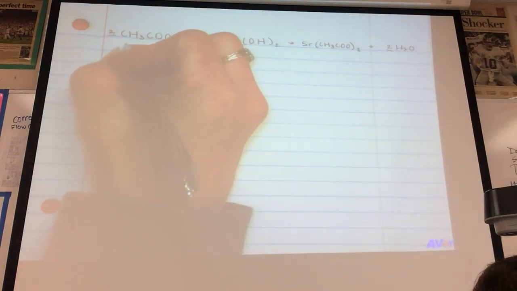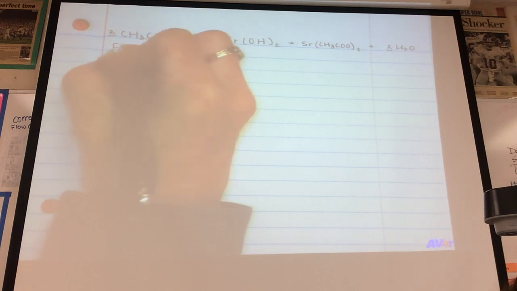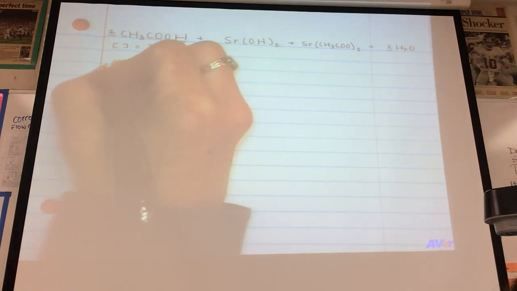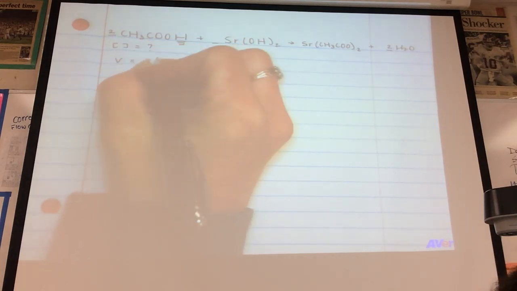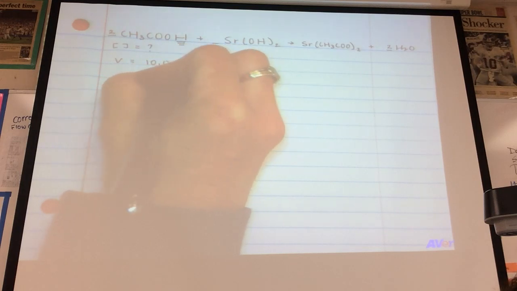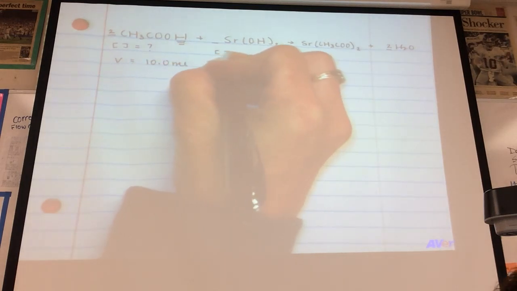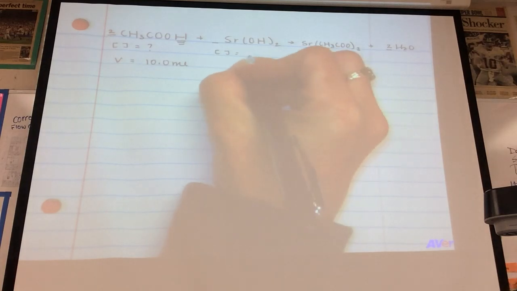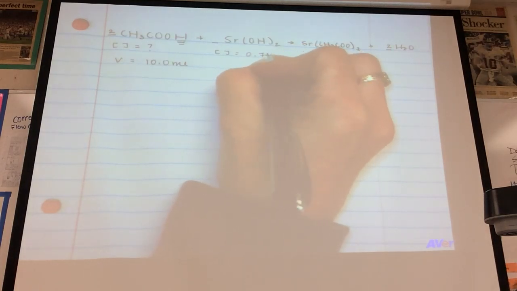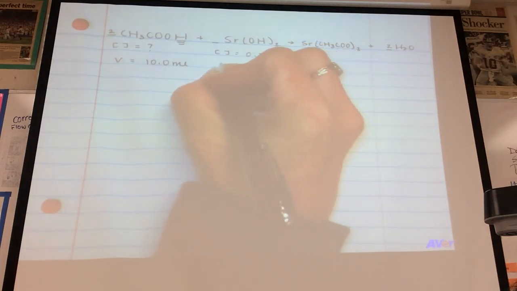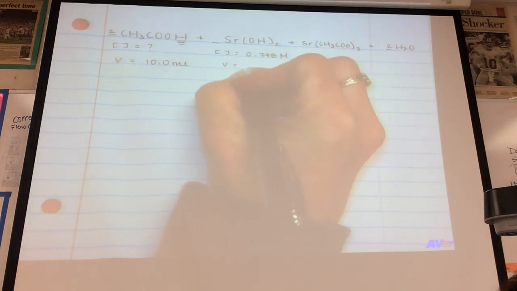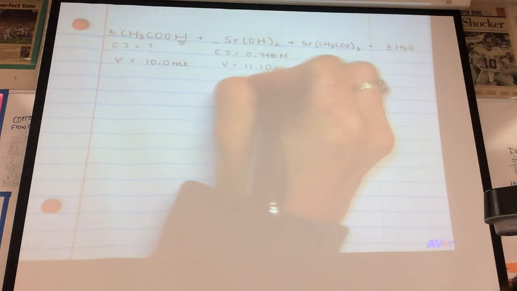We want to know the concentration of the acetic acid. The volume of acetic acid is 10 mL. Concentration of strontium hydroxide is 0.748 molar, and the volume is 11.10 mL.